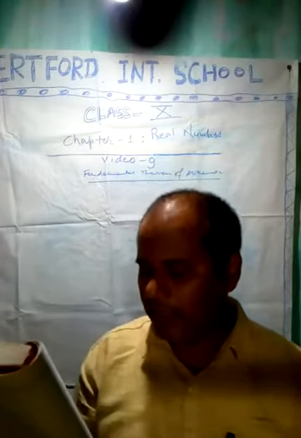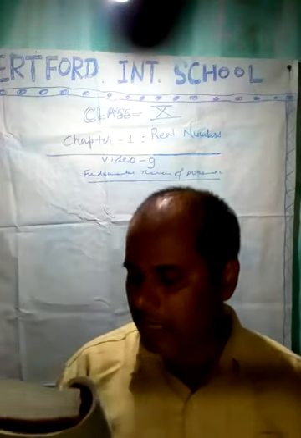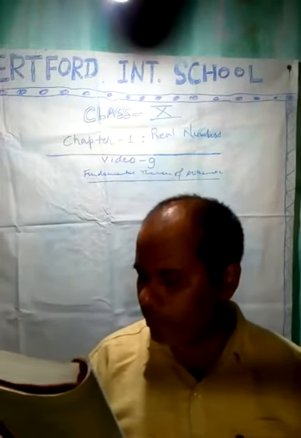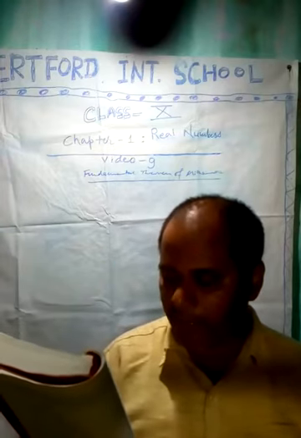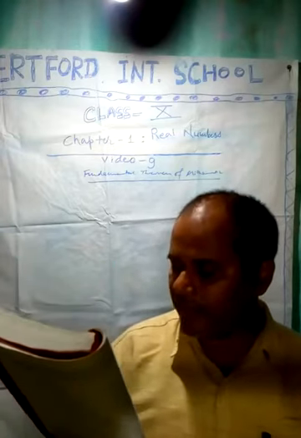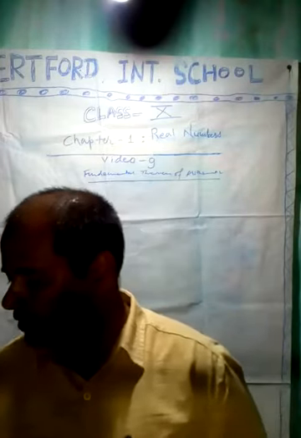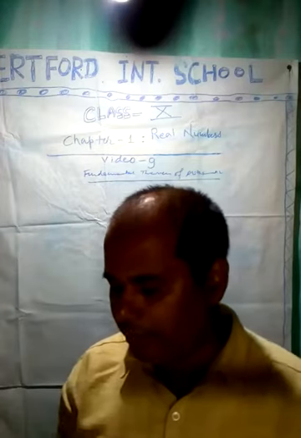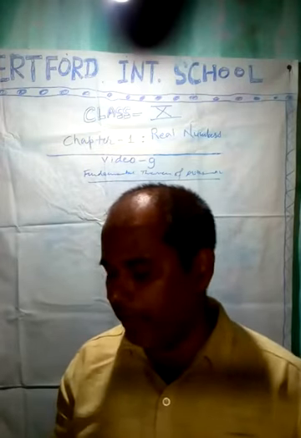In general, given a composite number x, we factorize it as x = p1 × p2 × ... × pn, where p1, p2, ..., pn are primes written in ascending order, that is, p1 < p2 < p3, and likewise pn > pn-1.